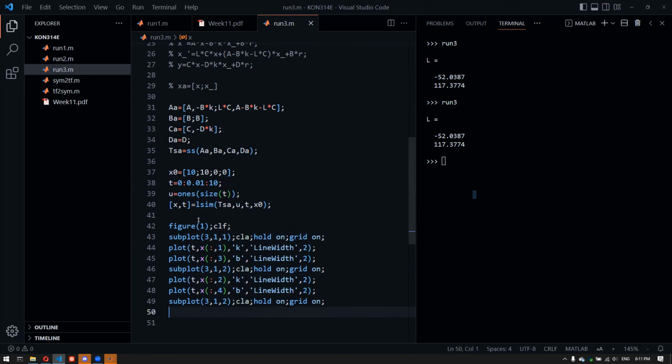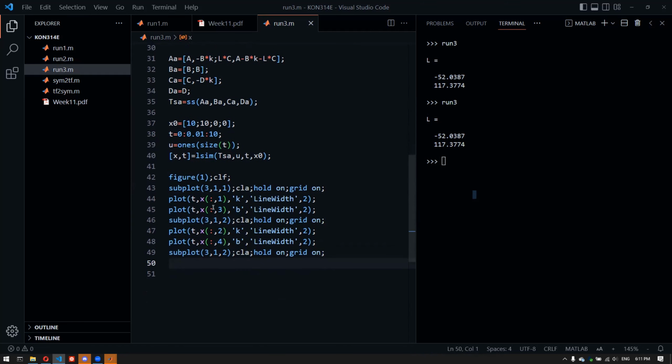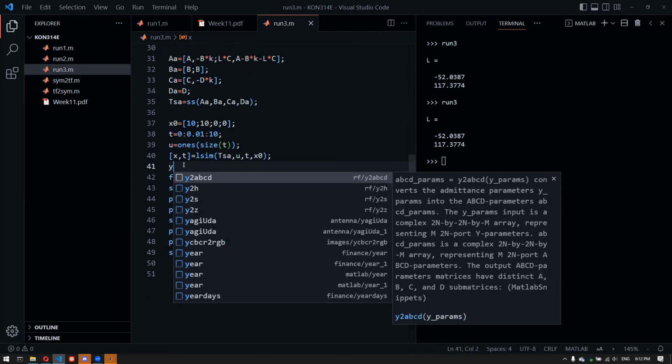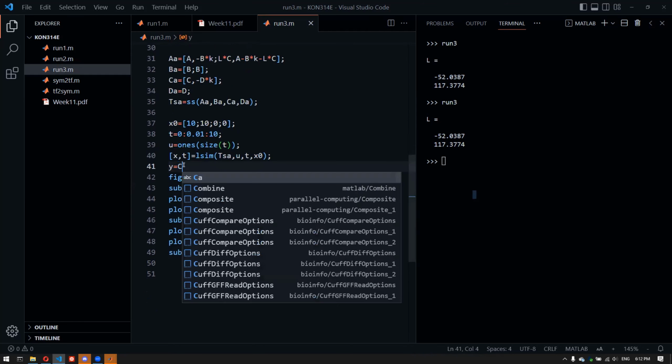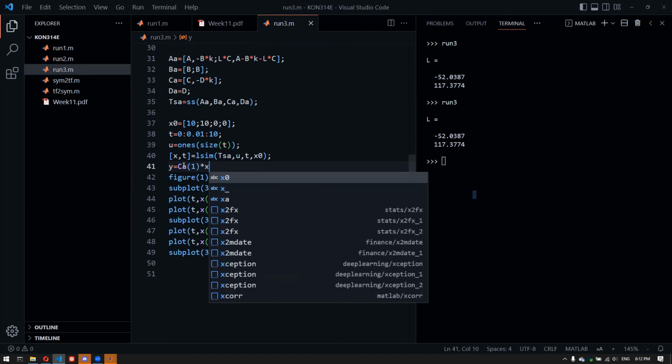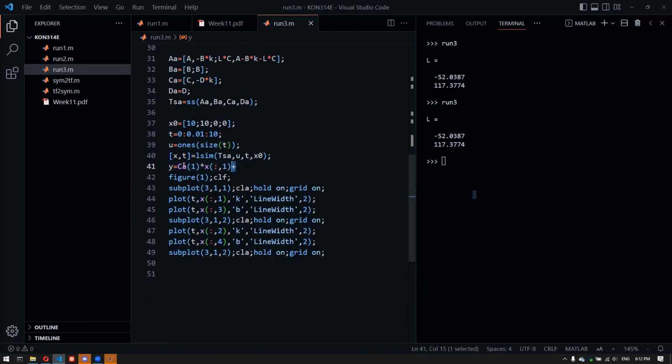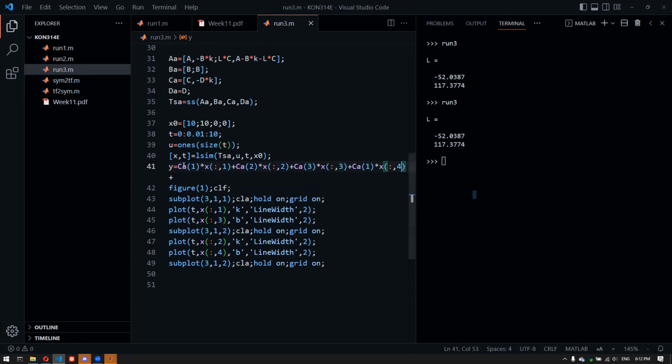And let's also have the output here, which we didn't actually create now. Y is equal to CA1 times X1 plus CA2 times X2 plus CA3 times X3 plus CA4 times X4, plus DA times basically U. That should do it, hopefully.